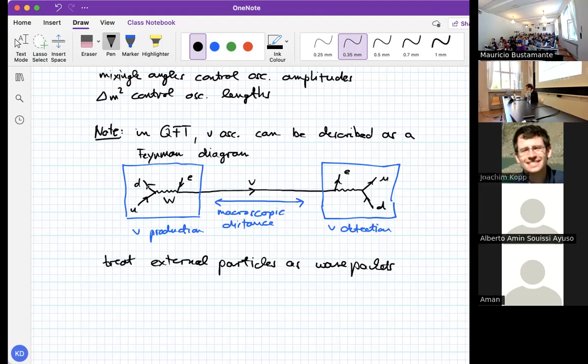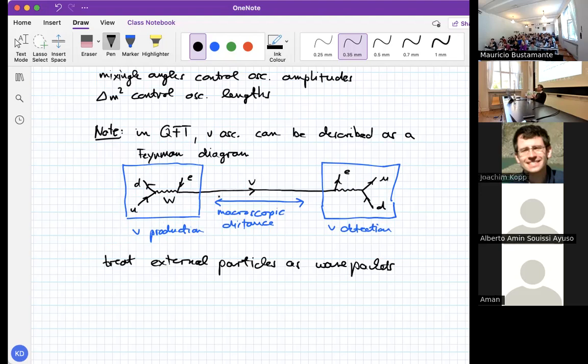So effectively, you write down your Feynman amplitude, and then you integrate over the momenta of all your external particles multiplied with the appropriate wave packet weight factor. So you have an integral that involves a lot of Gaussian integrals, but Gaussian integrals can be solved.